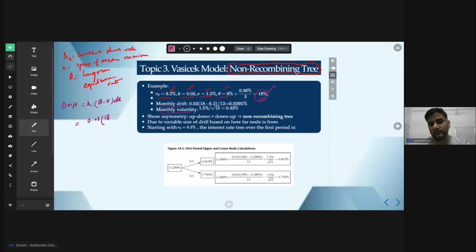And then out of 18, we are subtracting 6 minus 2%, and dt is divided by 12. That is coming to us at 0.0295.